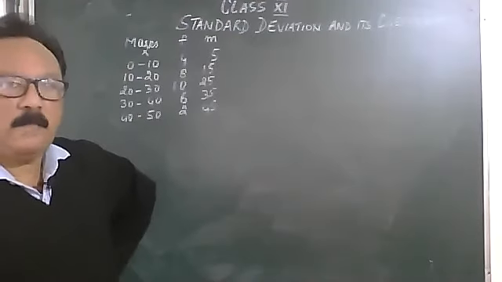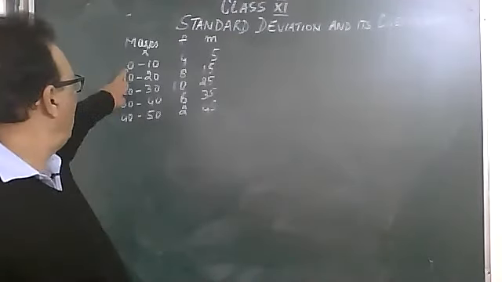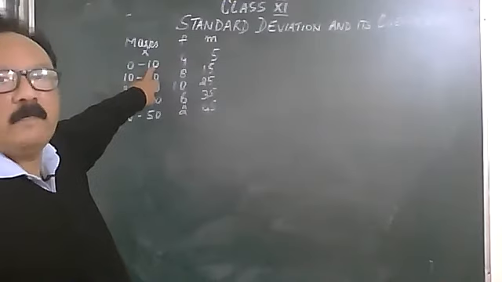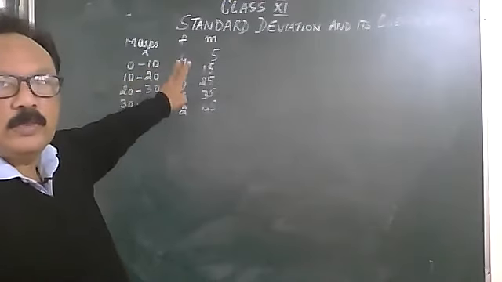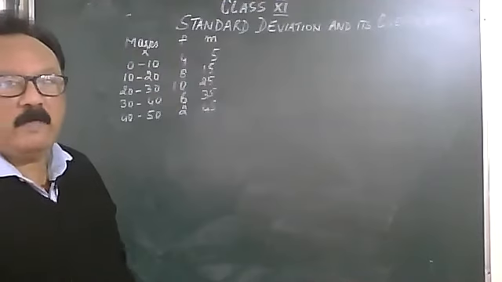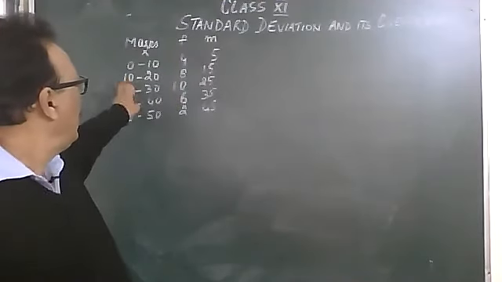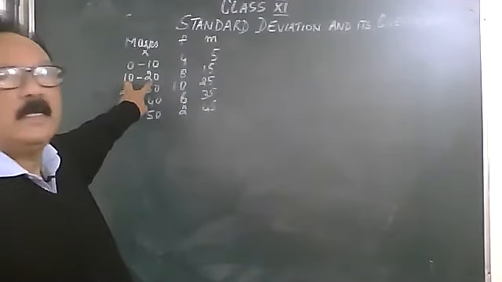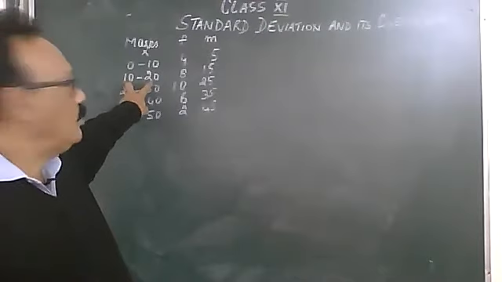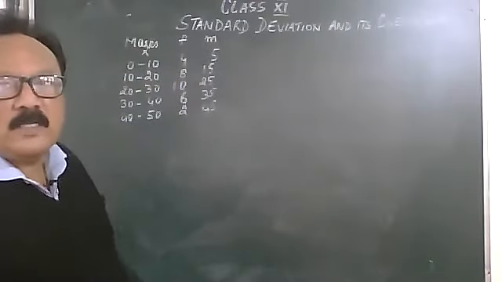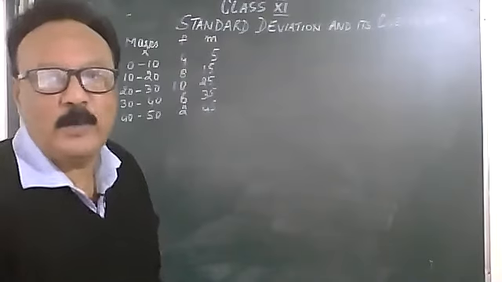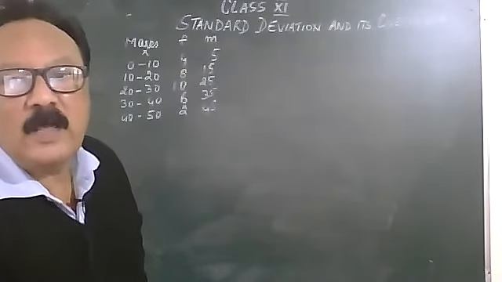Lower plus upper divided by 2. 0 plus 10 is 10, divided by 2 is 5. Similarly, 10 plus 20, 30, divided by 2, 15, or simply by observation as well, you know which is the midpoint.